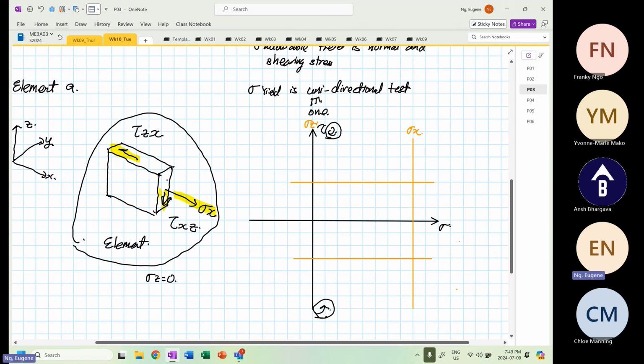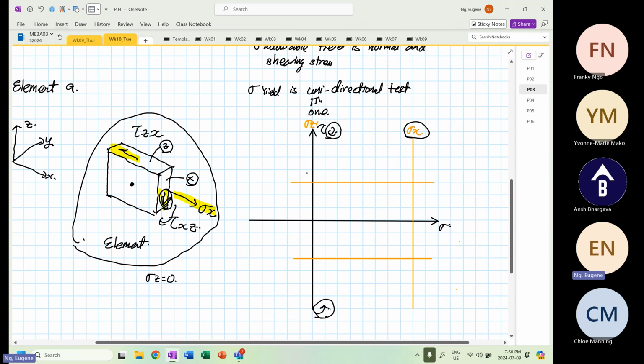So if I call this surface X, or point X on Mohr's circle, and point Z on Mohr's circle, if we put our finger down here, due to this shear stress it is going to generate a clockwise rotation.